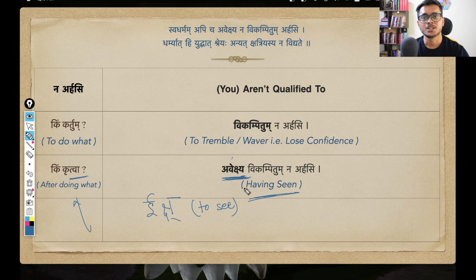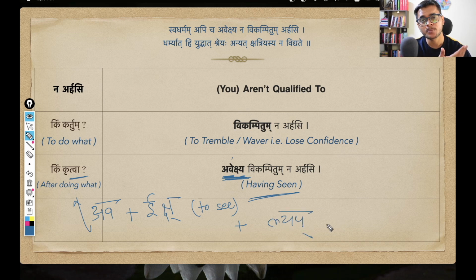And this avekshya, this is also a kridanta. This is coming from the iksha dhatu. Iksha dhatu means to see, to perceive. Okay. And in aveksha, we can very clearly see we have a prefix here, that is ava. So ava plus iksha, that is the entire dhatu we have. And we want to say after seeing. Okay, after seeing or having seen. So we know we can modify this dhatu using the lyap pratyaya.